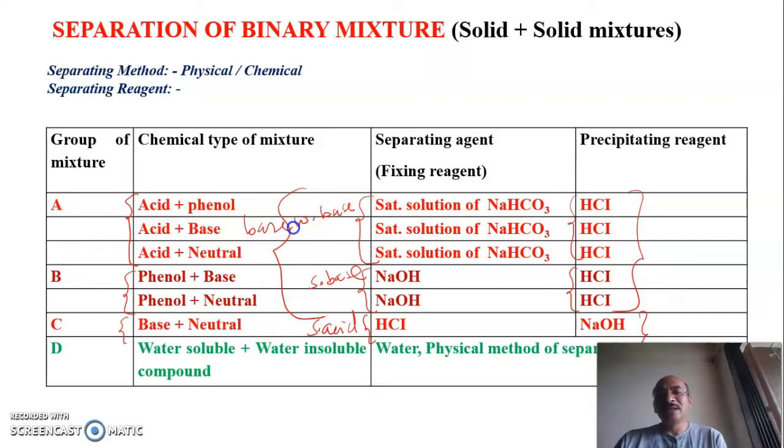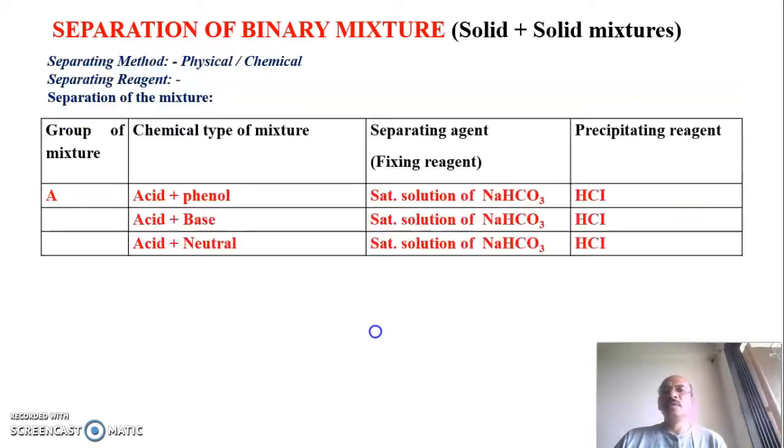And for base, for their neutralization, an opposite type of substance, that is acid, is required, so we have to use HCl. And then regeneration again, for acids regeneration, acid is required. For base regeneration, base is required. Phenols are acidic, that aspect also you have to keep in mind. We'll see in detail with demonstration.